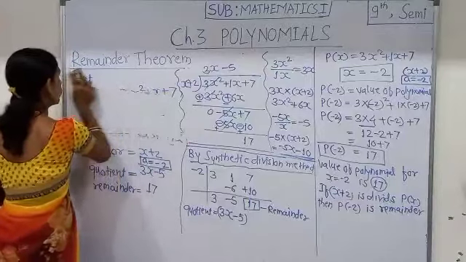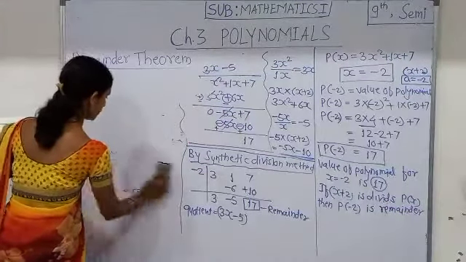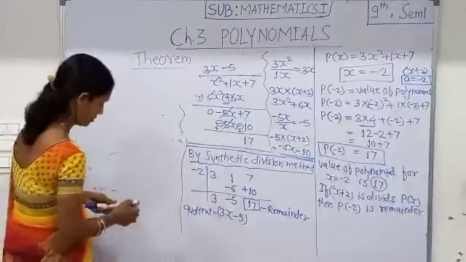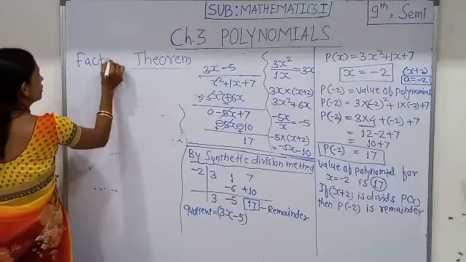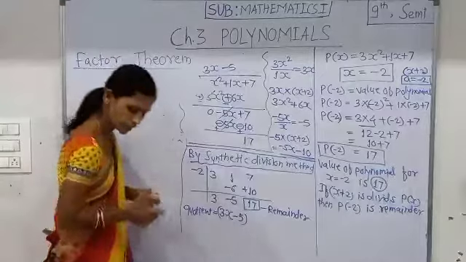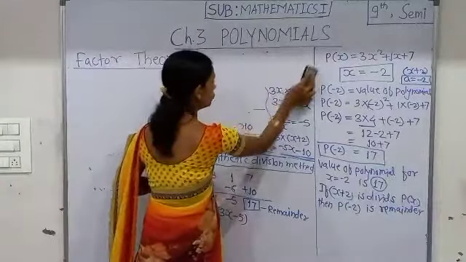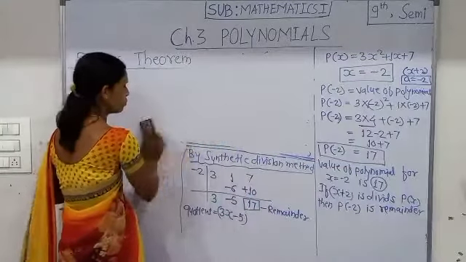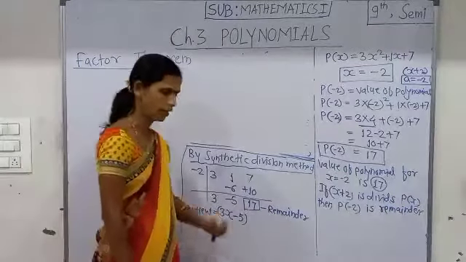Then one more concept, that is the factor theorem. Then see here, one example is the one we have solved before, the division of a polynomial in which the remainder is 17.